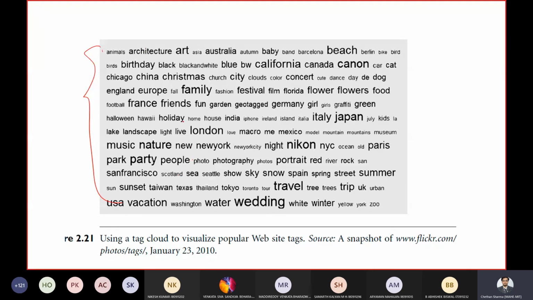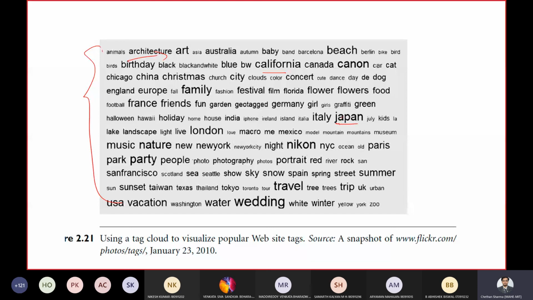Okay. So usually the tags are listed in alphabetical order in most cases, or maybe in a user-preferred order. I might not require alphabetical order. I might rather require an order based on the size of the tag.